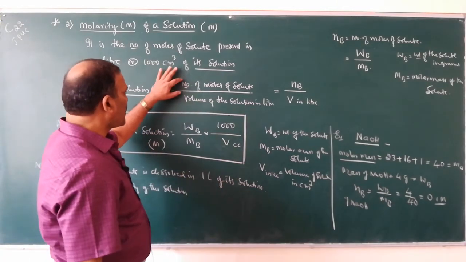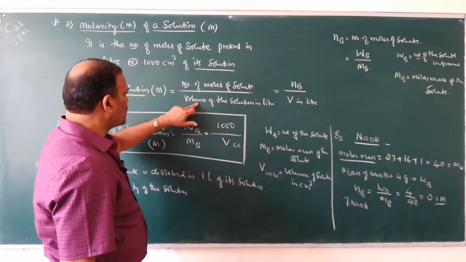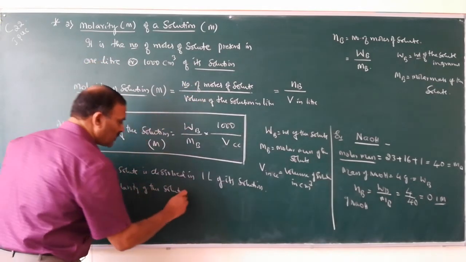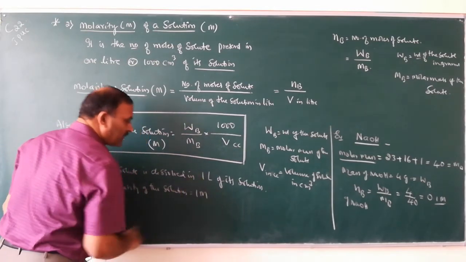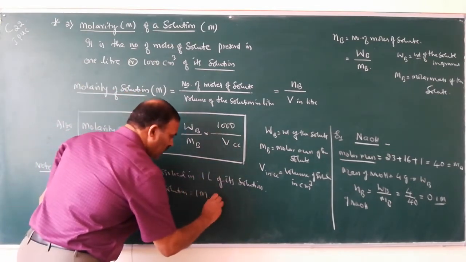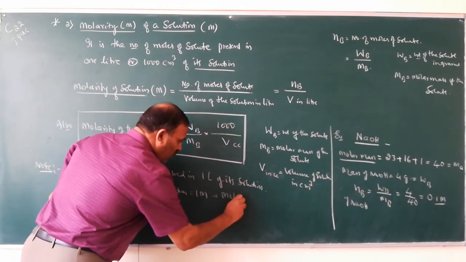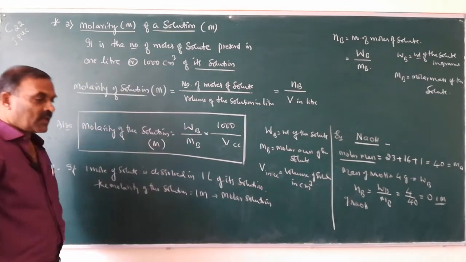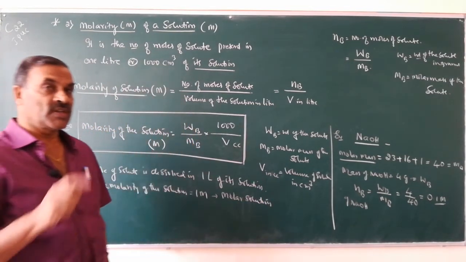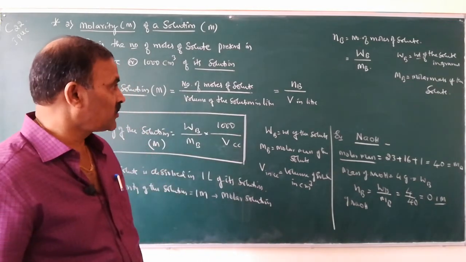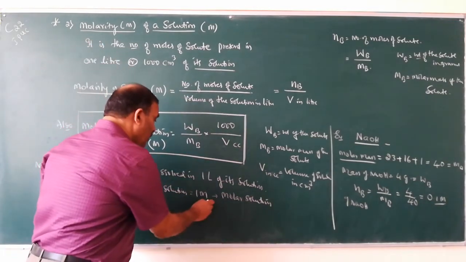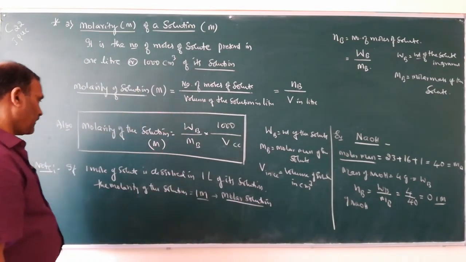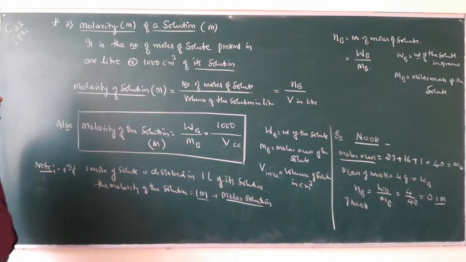Number of moles is 1. If it is dissolved in 1 liter of the solution, 1 by 1 is equal to 1. The molarity of the solution equals 1 M, 1 molar. So the solution is called molar solution. If a solution contains 1 mole of solute dissolved in 1 liter of its solution, it is called 1 molar solution, or simply a molar solution. So this is note number 1.